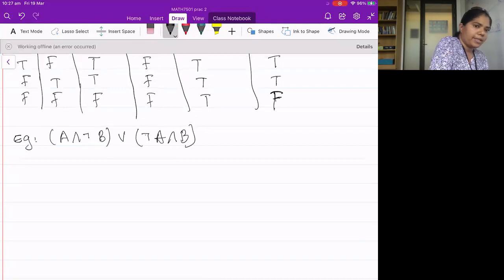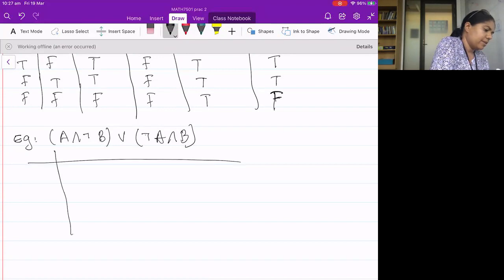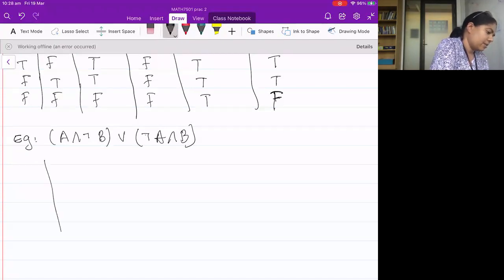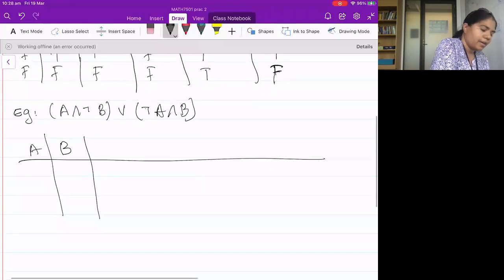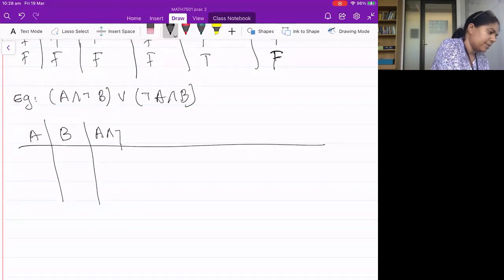If you want to fill that table which I gave you, you can. I have skipped some of the steps here, like I didn't use not B. You can use not B separately if you want.